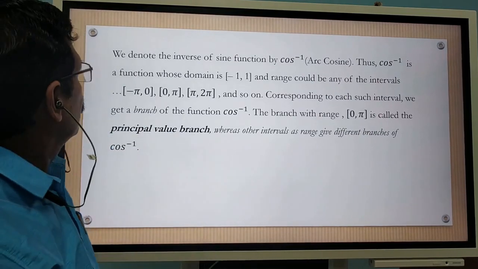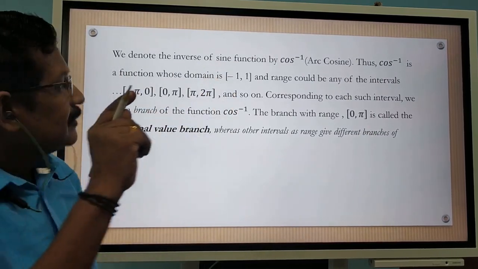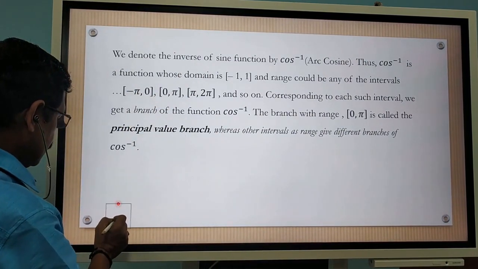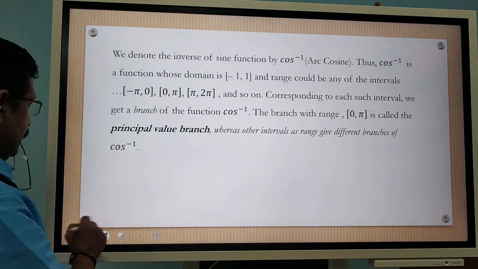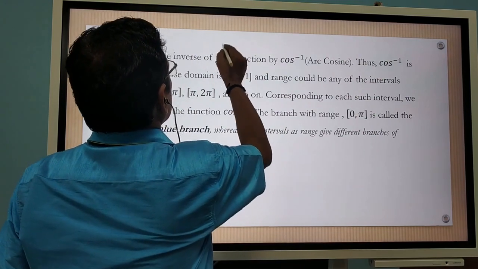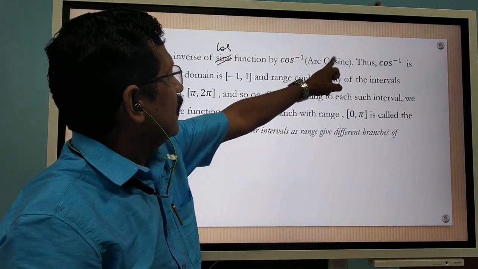This is again the graph of, we denote the inverse of the sine function, just the inverse of the cosine function, sorry. So there is a correction. This is not the sine function, it is cos. The inverse of the cos function is cos inverse, arc cosine.